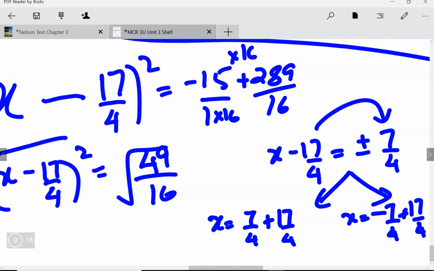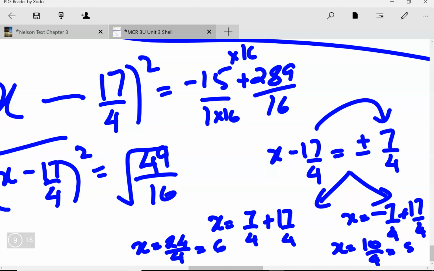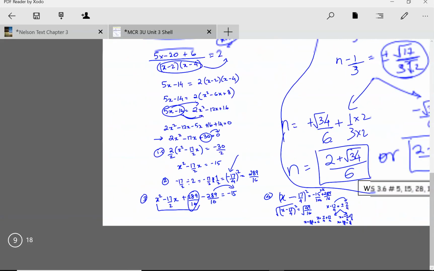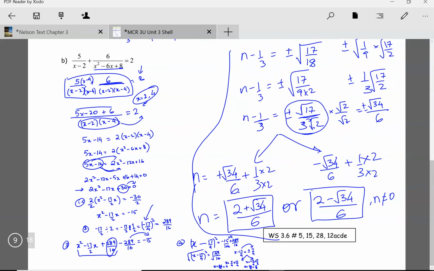Here, 7 plus 17 is 24 over 4, which equals 6, or 10 over 4, which equals 5 over 2. So those are my answers for x. In this case, x equals 6, comma, 5 over 2.